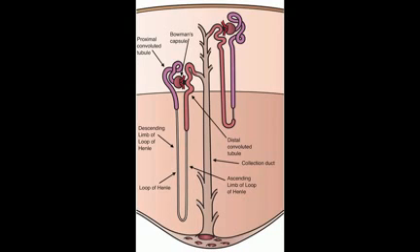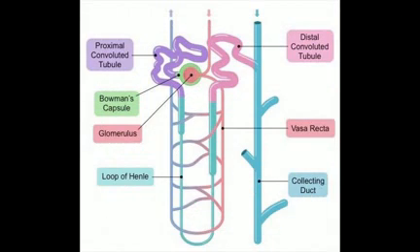This liquid left behind in the tubule of the nephron is urine. The nephron carries this urine into the collecting duct of the kidney, from where it is carried to the ureter. From the ureter, urine passes into the urinary bladder.